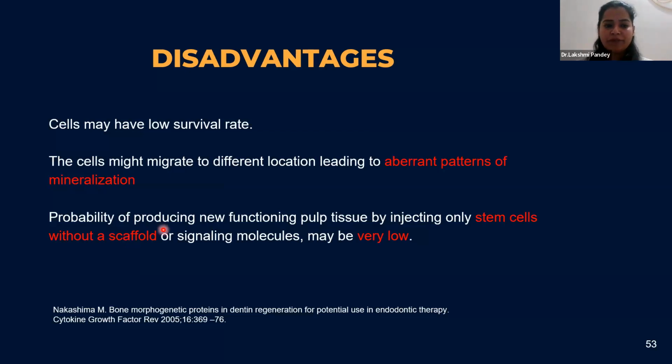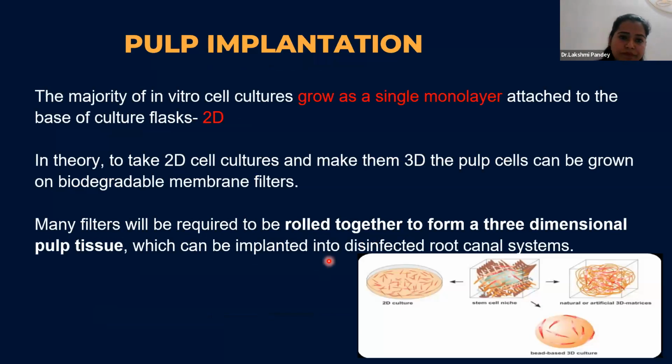True. And the possibility of producing new functional pulp tissue by injecting only stem cells, without, see, from the triad, if even a single thing is absent, your regeneration process is not going to occur. So if you have given stem cells but the scaffold is not very proper or it's not present, in such a case your cells are going to die.